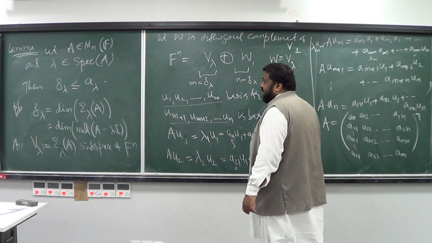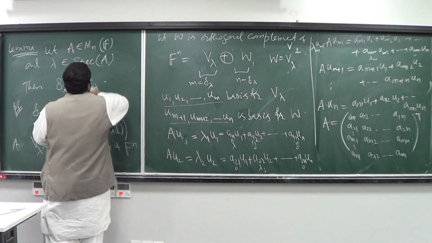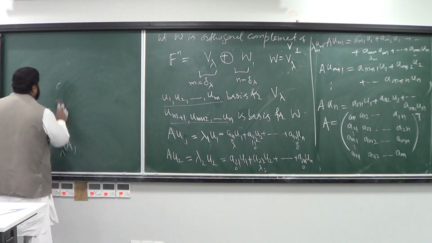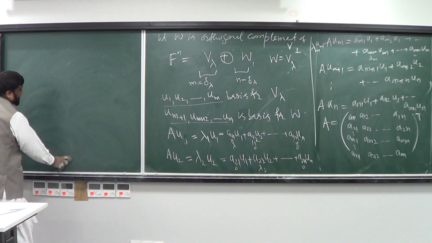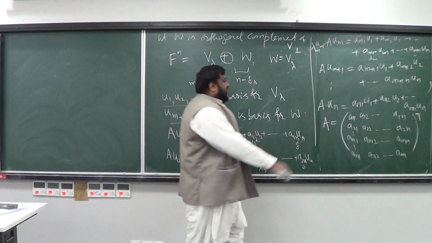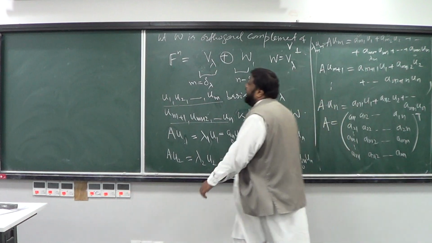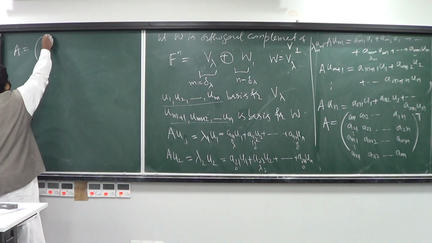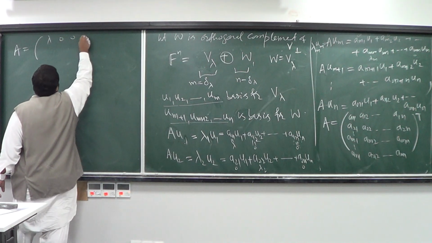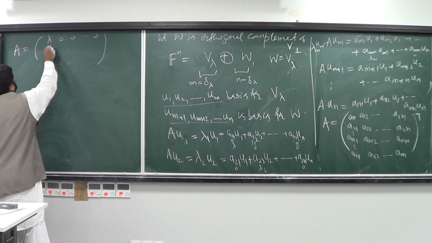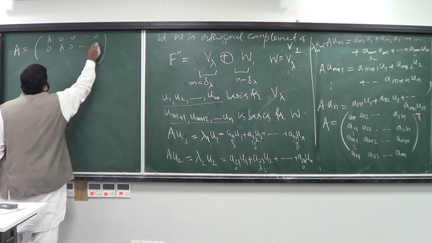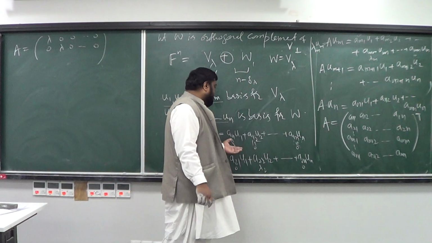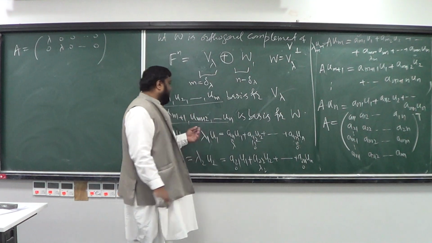Now, if I substitute these values, I'm taking a lot of time. I could have written this directly, but I want you to realize where everything is coming from. What is the first row going to look like if you write it explicitly? The first row is going to look like lambda, 0, 0, 0. The second row is going to be 0, lambda, up to 0, because of the description of the vectors.